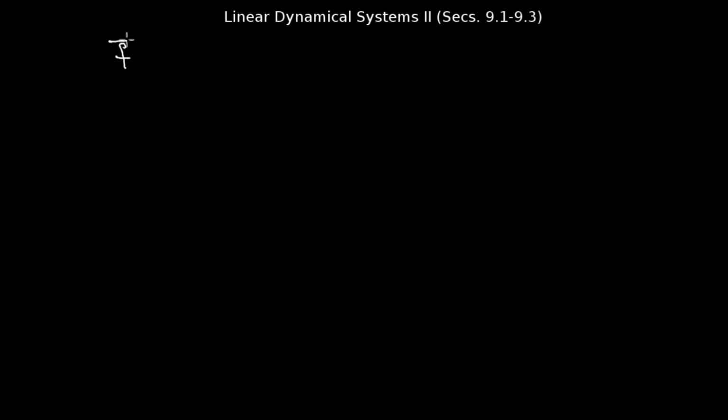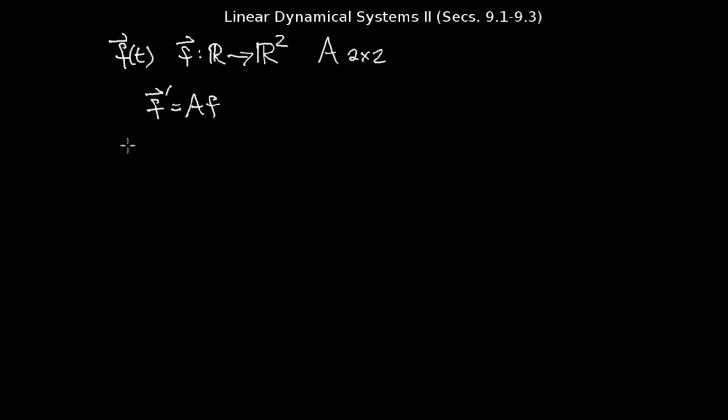We had a vector-valued function, so f was a map from R to Rn, and we were usually taking n to be 2, so let's say 2. And we have a 2 by 2 matrix A, and we're interested in the differential equation f prime is equal to A f.